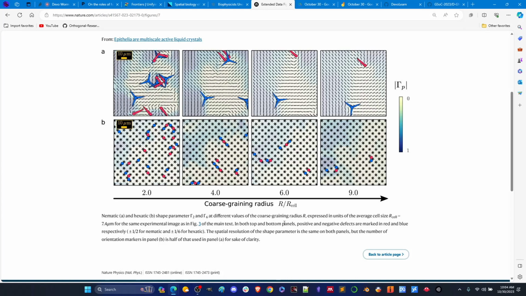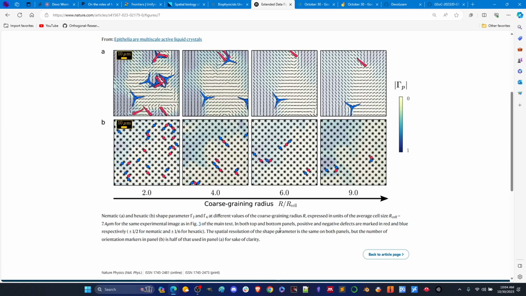Let's see. They talk about, in both top and bottom panels, positive and negative defects marked in red and blue, respectively. So these are the defects: +1/2 for nematic and +1/6 for hexatic, because we have the twofold versus the sixfold symmetry.